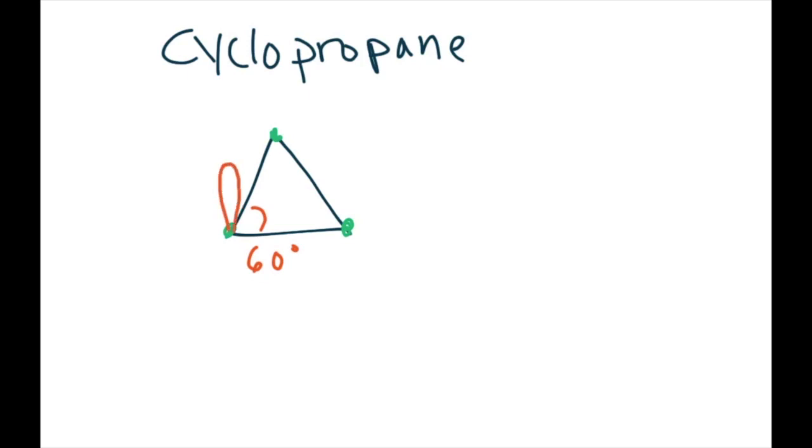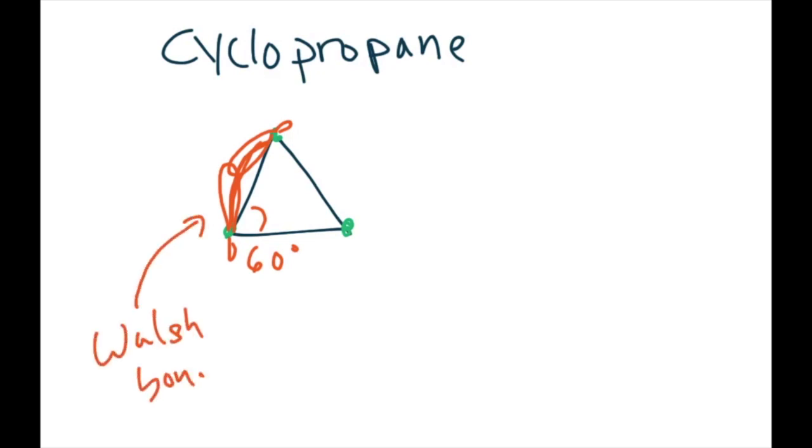They kind of hang out outside the bond, a little back here, right? So instead of having our electrons on that line that we draw, the orbitals that make the bond are out here. They're kind of bent. These get called Walsh bonds or banana bonds, right?